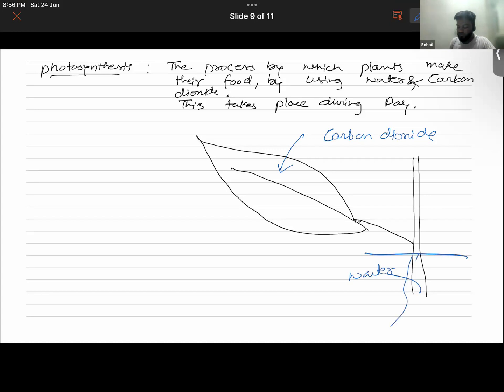Let's say this is root. So water will be reaching here. So it will take carbon dioxide from the atmosphere and water from the roots, and in the presence of sunlight, it will perform photosynthesis. During that process, it prepares its own food. Hope that's clear.